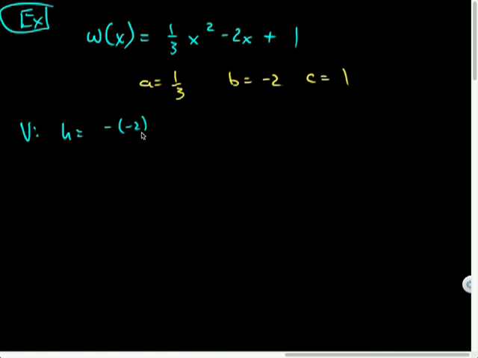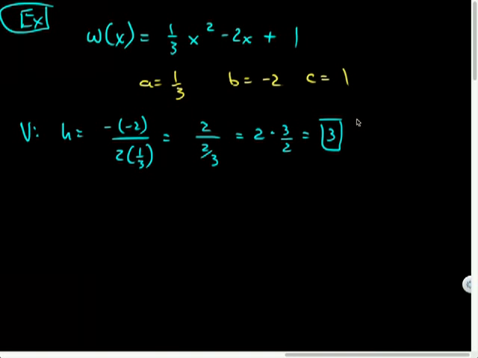So negative of negative 2 over 2 times a third. So that's positive 2 over 2/3. I could multiply by the reciprocal, and I'm going to end up getting just plain old 3, whichever way you ended up doing that. A bunch of different ways you could have simplified that. So the x-coordinate of the vertex is 3.